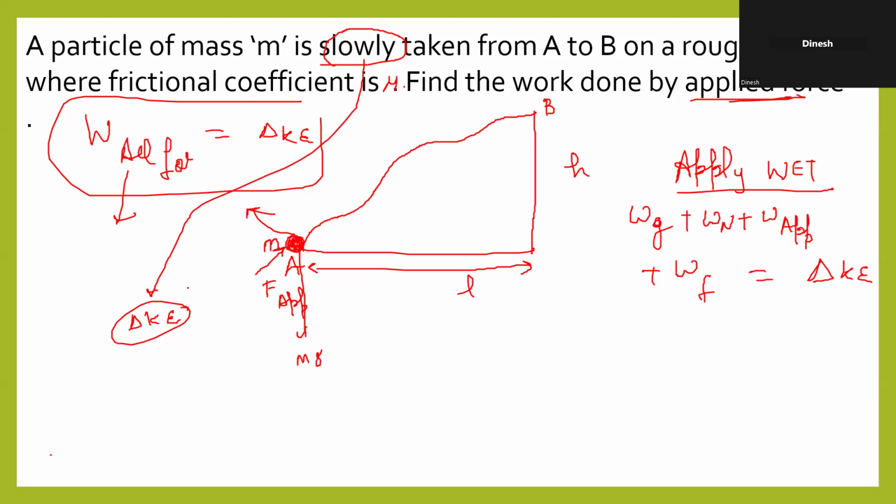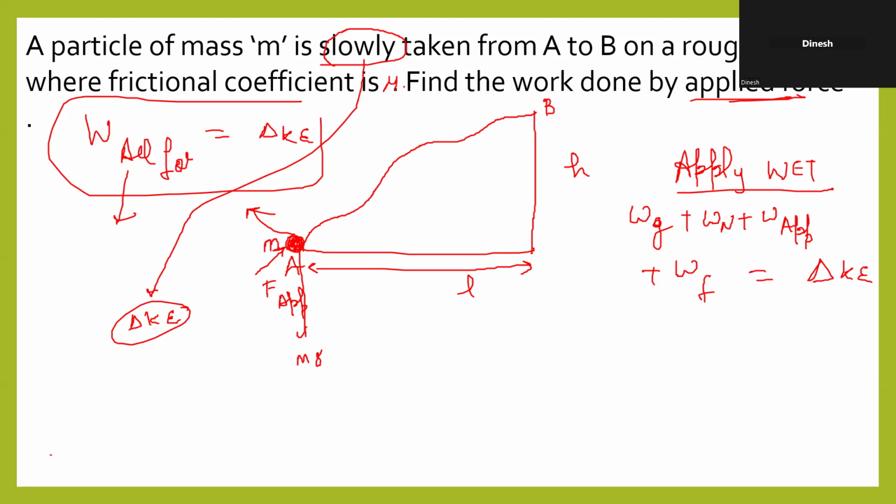But if you are taking the particle gradually like this, then you can't say there is no change in kinetic energy. If you find the term slowly taken from A to B, then the change in kinetic energy is always zero. Okay, this is the concept.